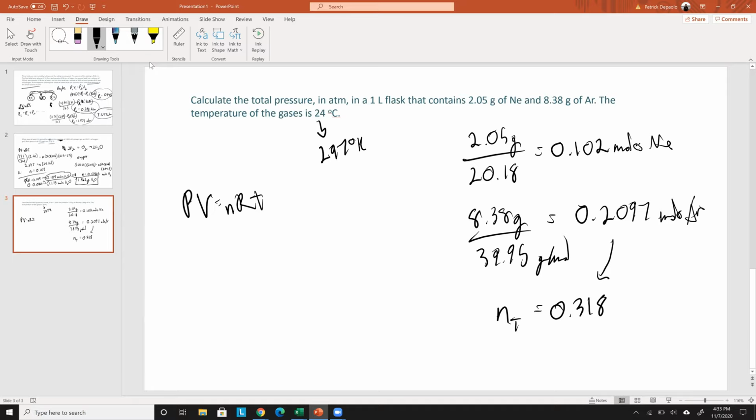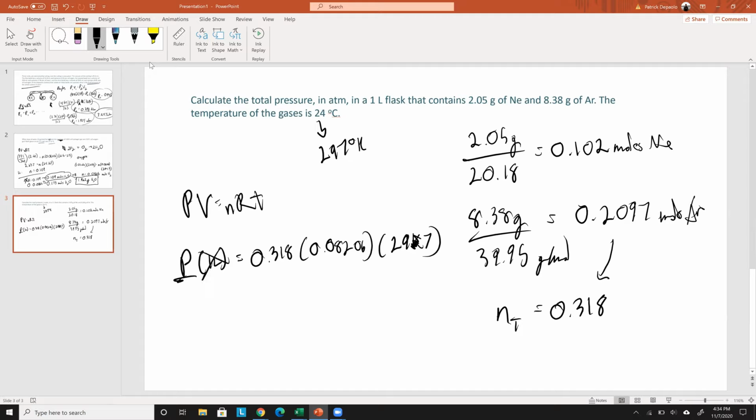Now we can take this number and solve for the pressure, which we don't know. The volume is 1 liter, equals NT, 0.318, times R, which is 0.08206, times the temperature, which is 297 Kelvin. Not 27, 297. We can solve for P by just multiplying.